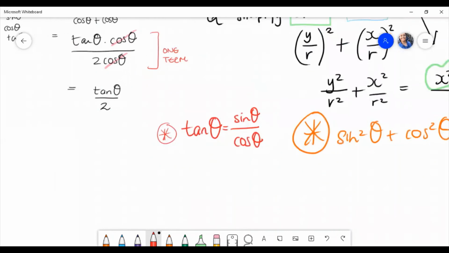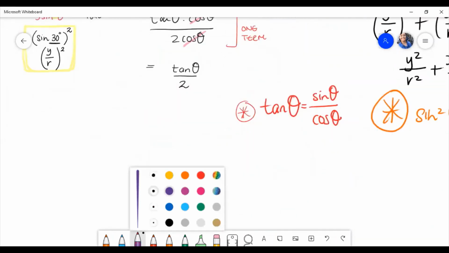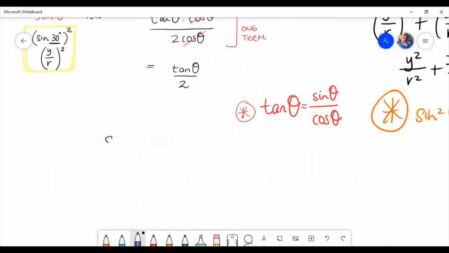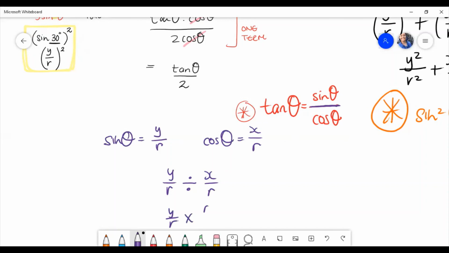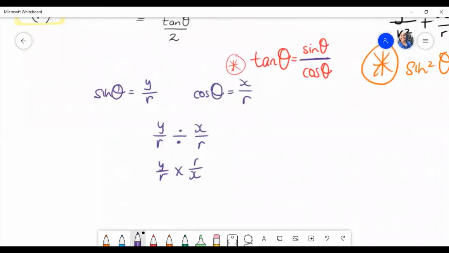Let me investigate what is sine of theta, and I'm going to go back to my original one. It's y over r. What is cos of theta? It's x over r. Therefore, what is y over r divided by x over r? It allows me to perform my tip and times, and I see that I may cancel the r, and what I'm left with is y over x.